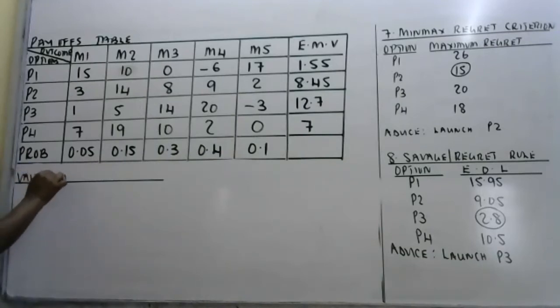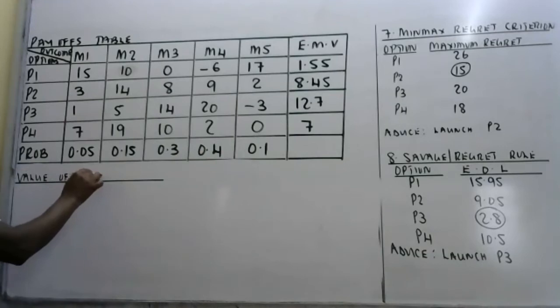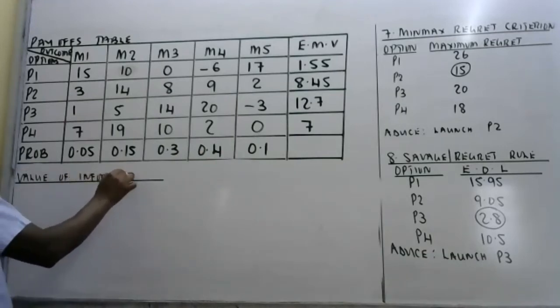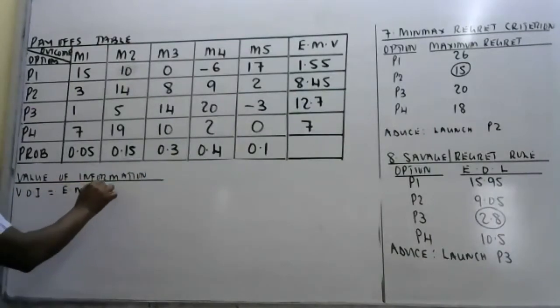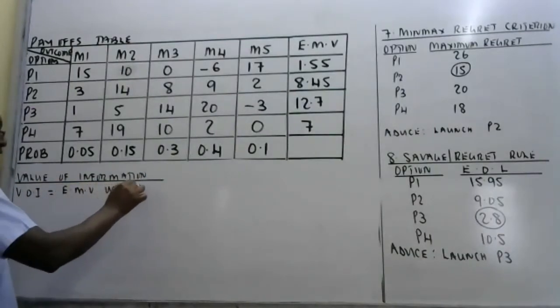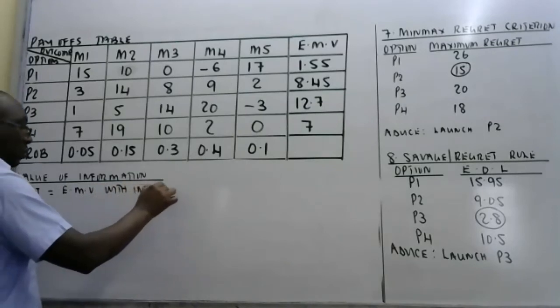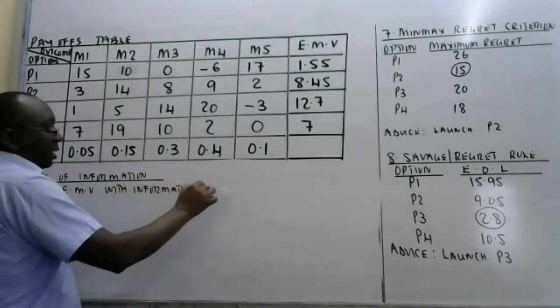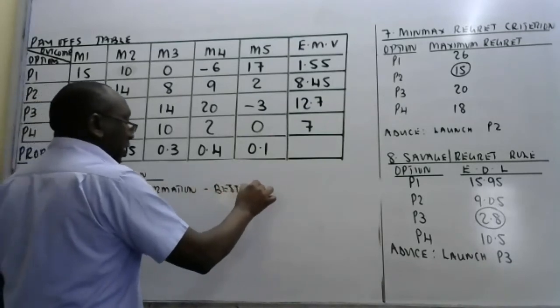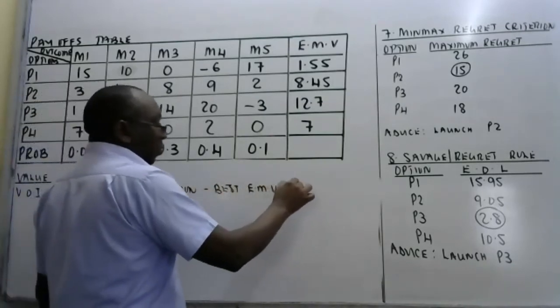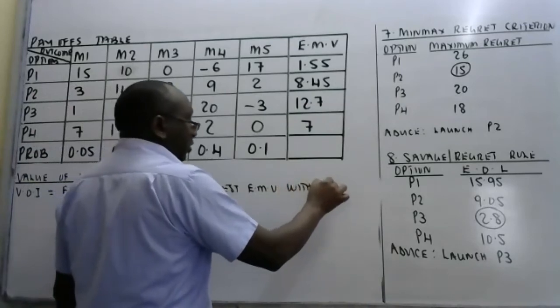Now, value of information is given as the expected monetary value with information minus the best expected monetary value without information.